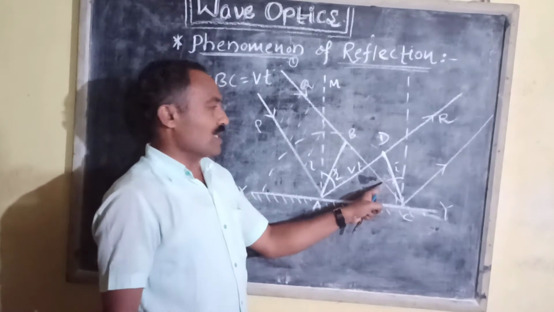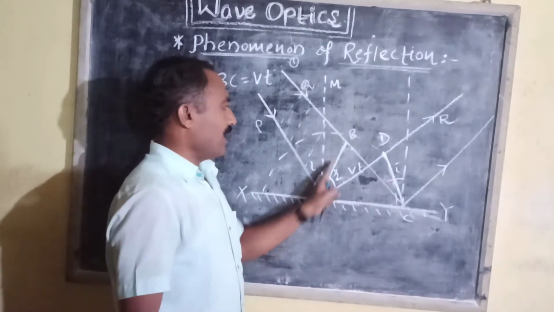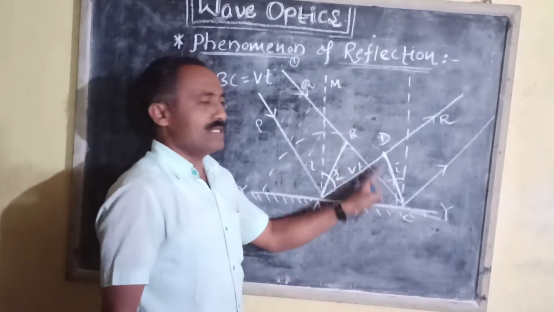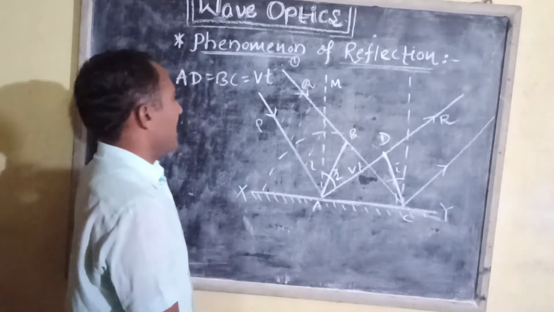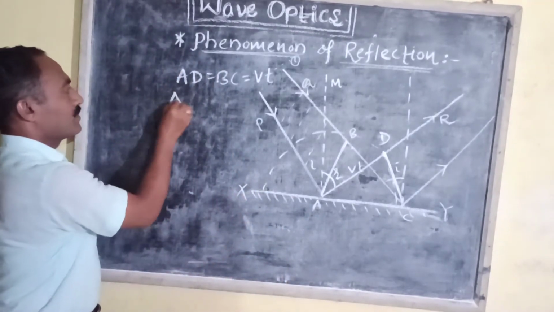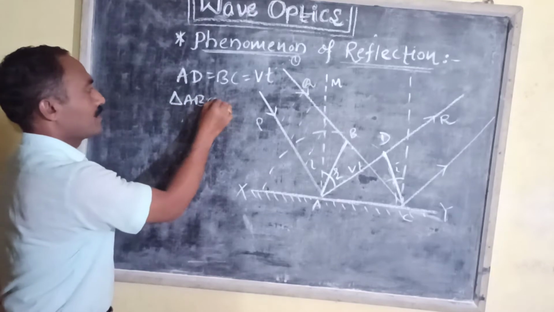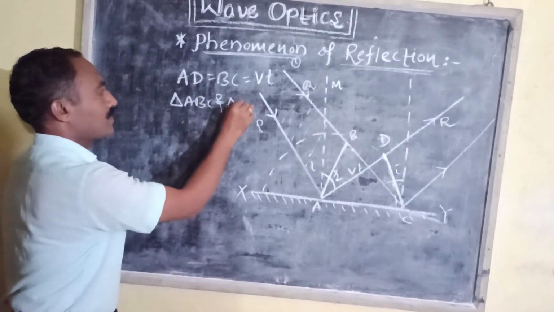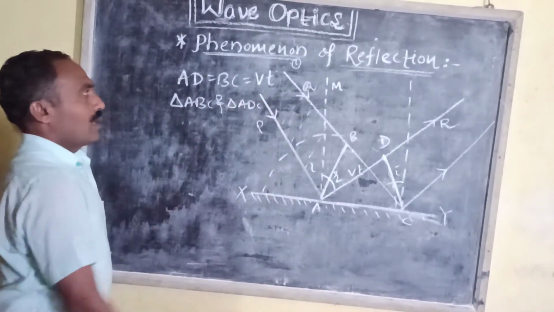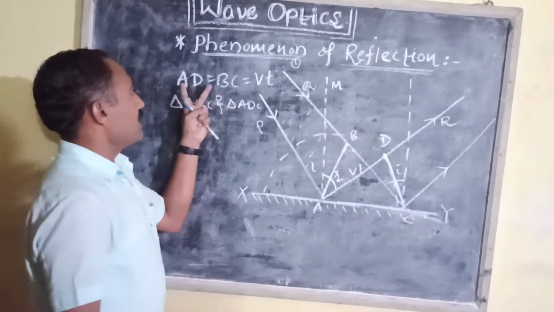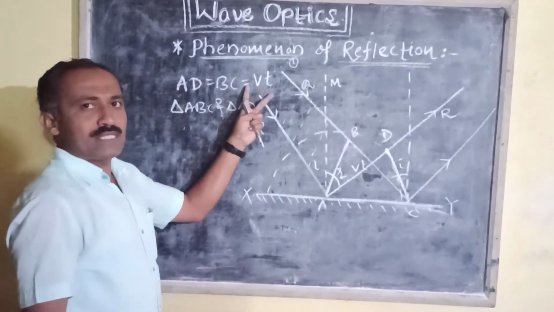Now we consider the two triangles ABC and ADC. From these two triangles, AD is equal to BC is equal to VT.